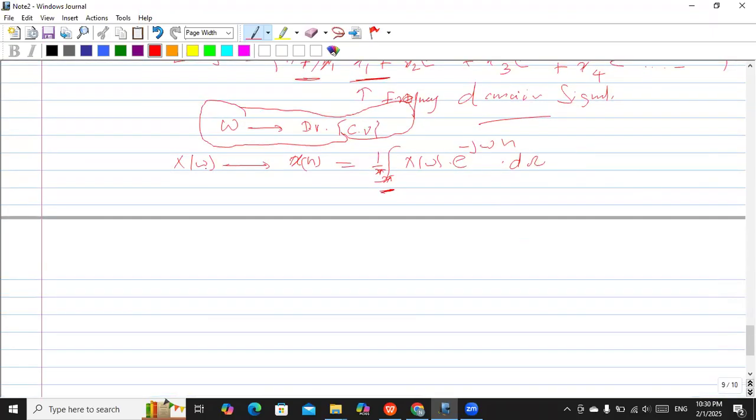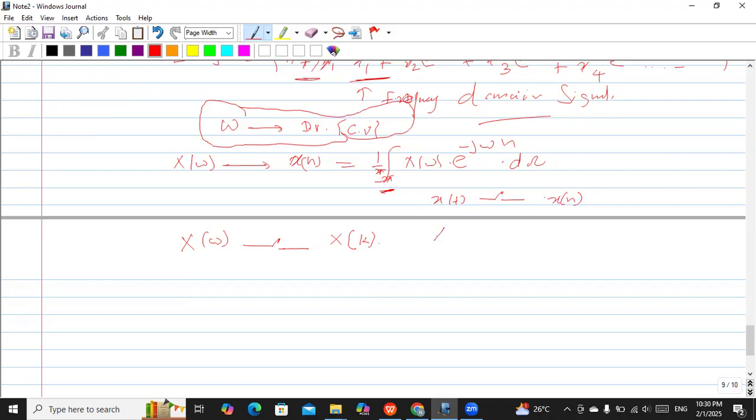So what we need to do is sample this X(omega) and get some frequency samples. So this frequency sample we refer to as X[k]. If we have a time signal x(t) and we sample it, we have time samples, that is n, so our signal will be x[n].